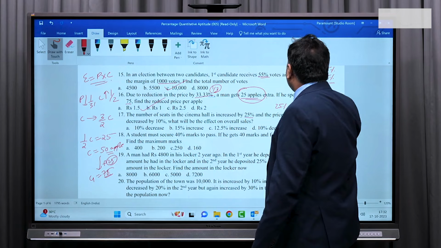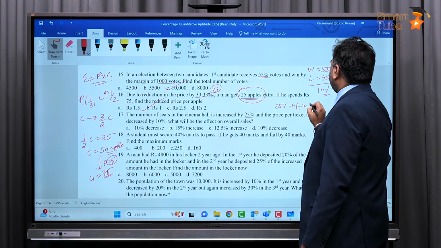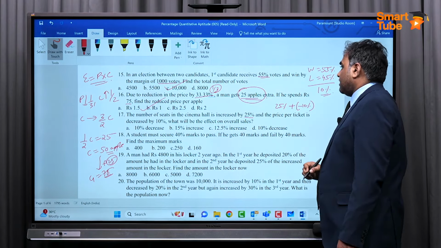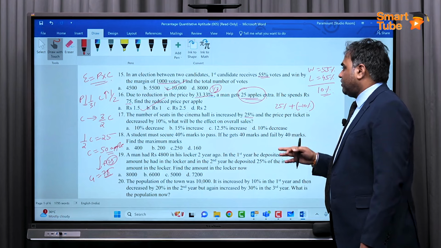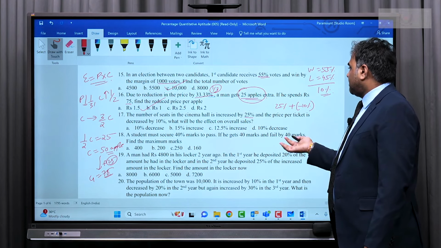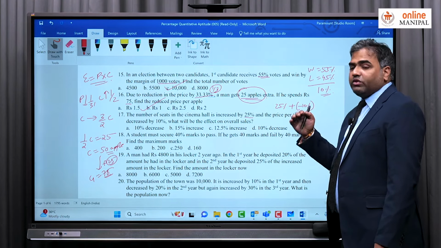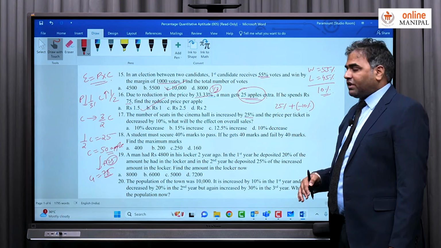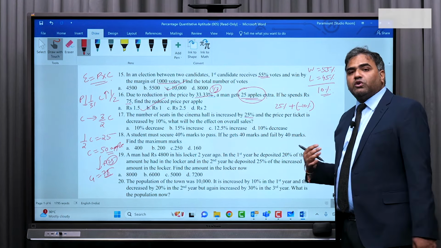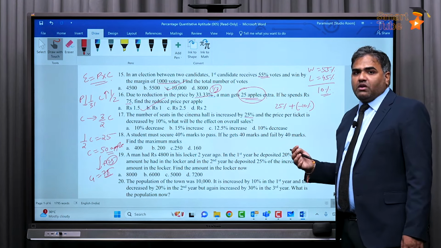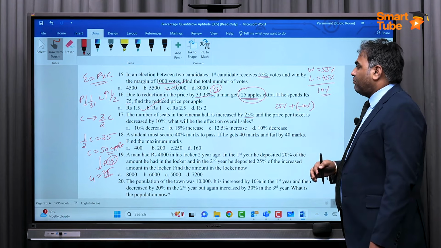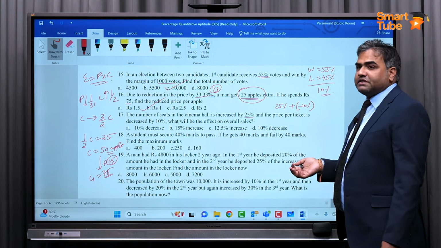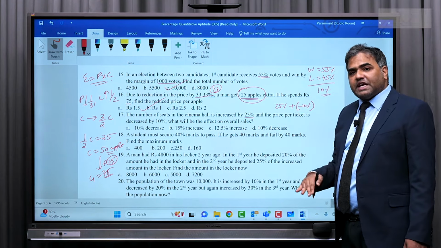So you increase the number of seats by 25% and you decrease the price by 10%. You are expecting more footfall, more revenue.